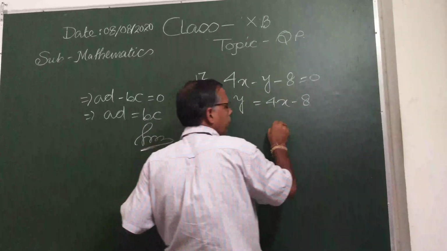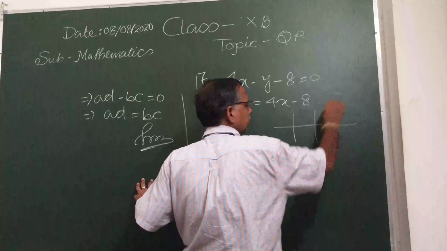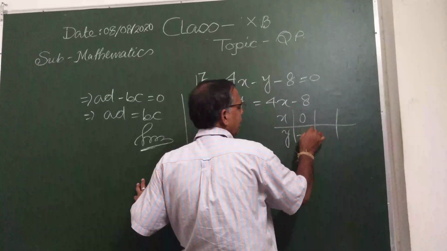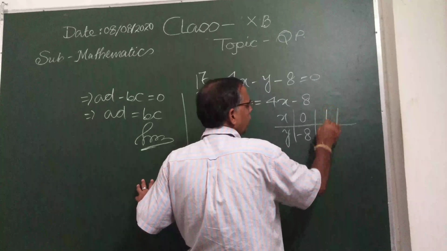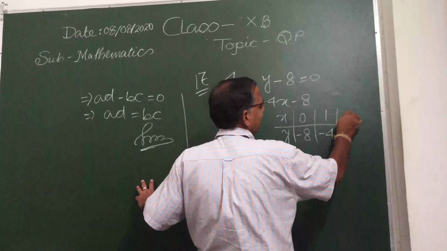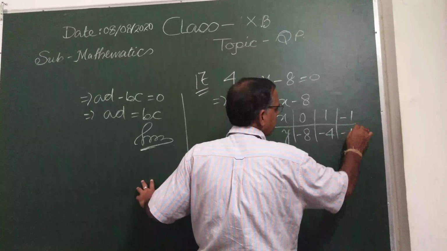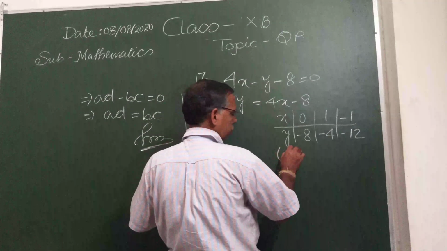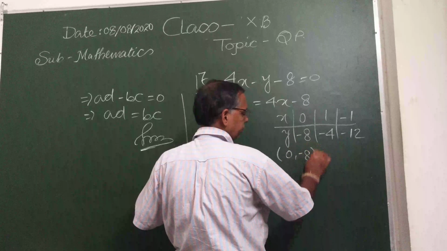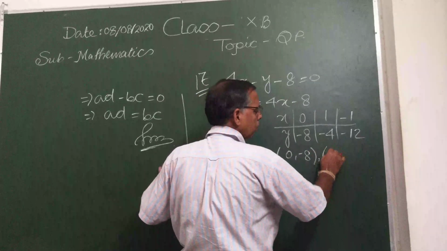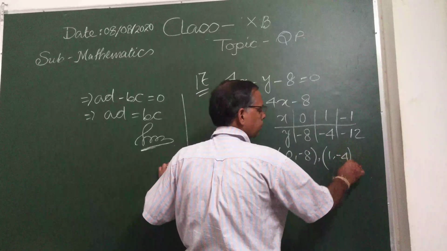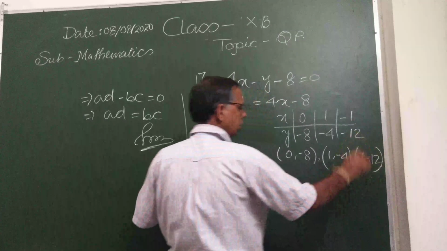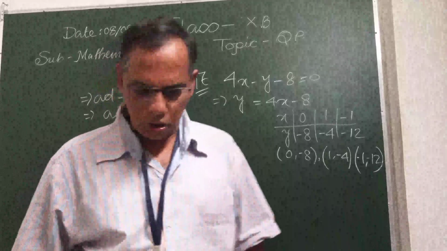So you take out the points x, y: x is 0, y is minus 8; x is 1, y is minus 4; x is minus 1, y is minus 12. So you got the three set of values: 0 comma minus 8, 1 comma minus 4, then minus 1 comma minus 12.